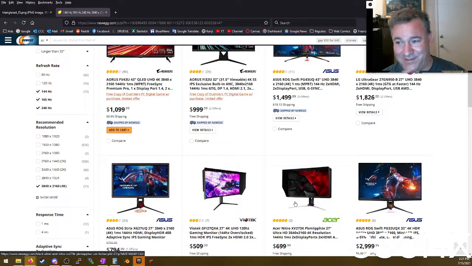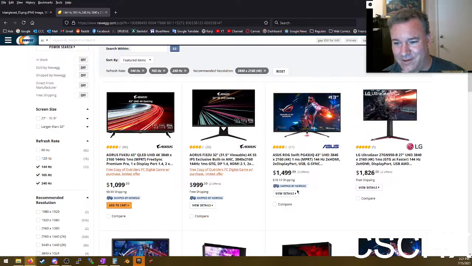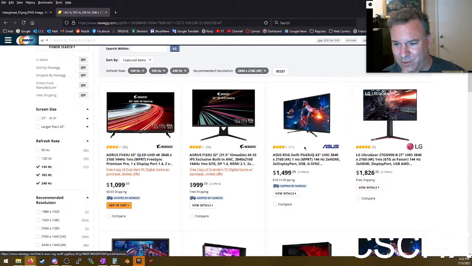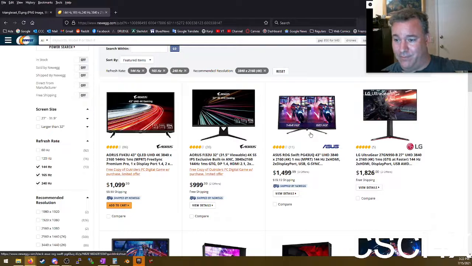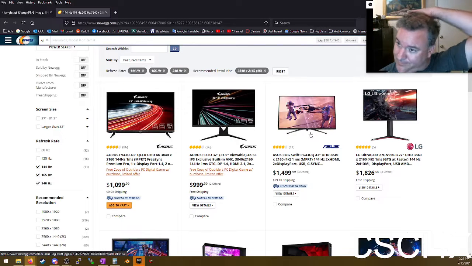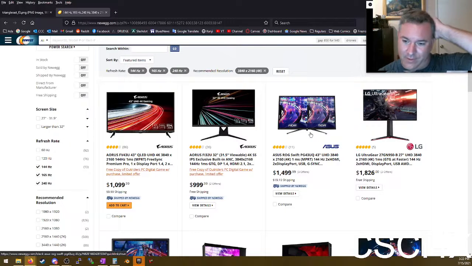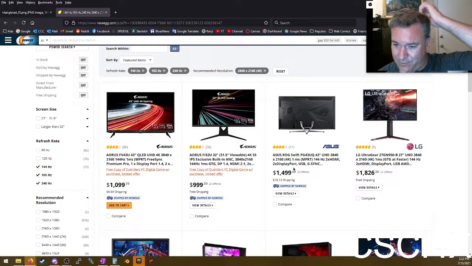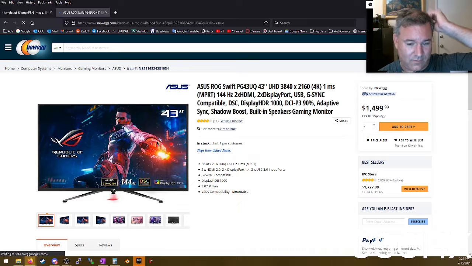Right? There's not a lot of high-speed monitors. So this is 43 inch. Interesting. Oh, it's a 43 inch monitor. It's a big monitor. Maybe I'll get that one. It's $1,500 though. It's pricey. 43 inch. That's a size.